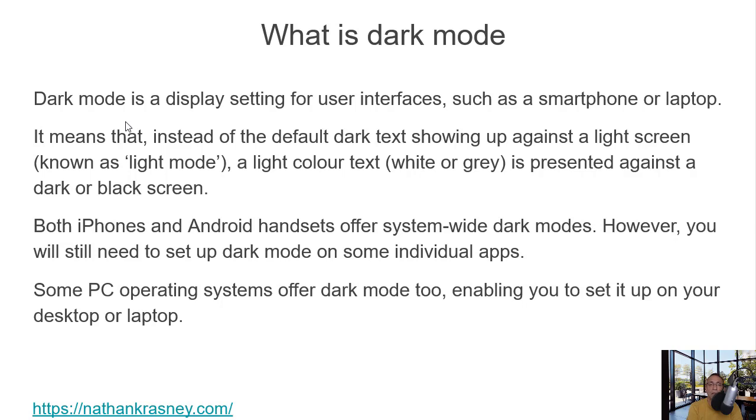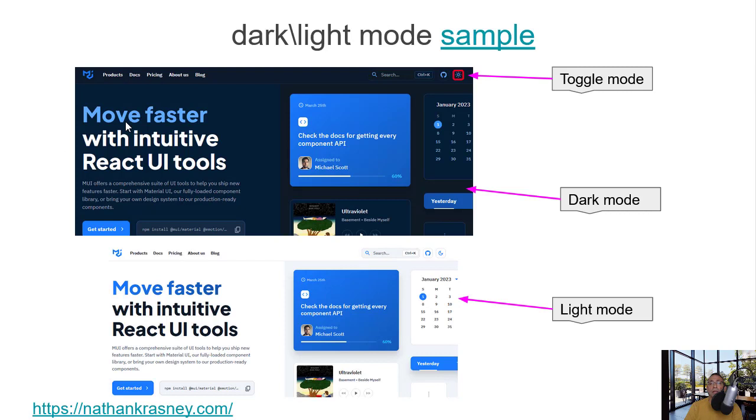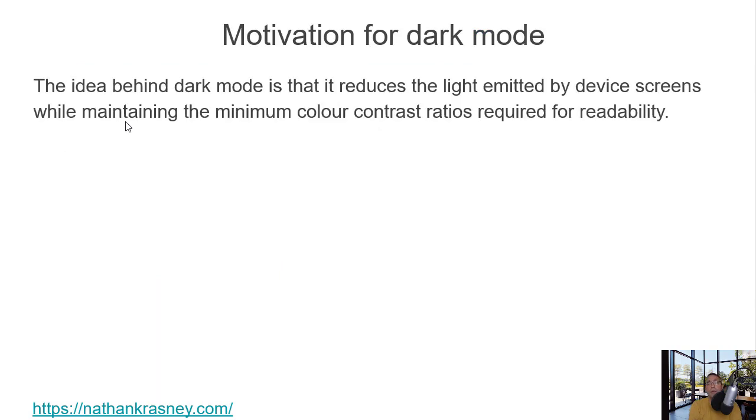And you can get it for mobile phone and PCs. So this is a more official definition of dark mode, and the motivation for dark mode, except for the reason that I think it's very cool to have it on your website, is that it simply reduces the light emitted by the device, and it is easier for your client to see your website.